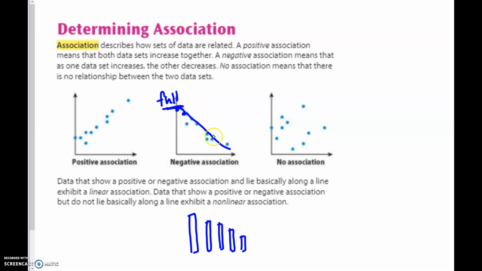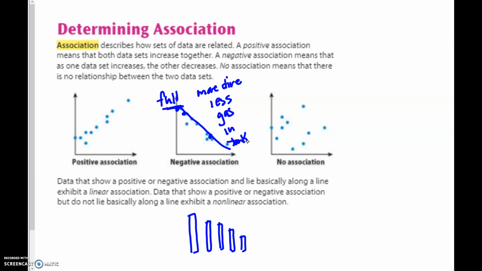If you drive 100 miles, the gas goes really down. So the more you drive, the less gas in the tank. That is a negative correlation.